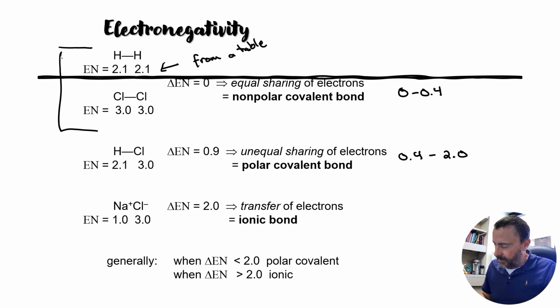And 2.0 and above, it's an ionic bond. I'm giving the example there for my ionic bond of sodium and chloride. Sodium is 1, chlorine is 3. The difference between those two is 2.0. That's a complete transfer of electrons there.